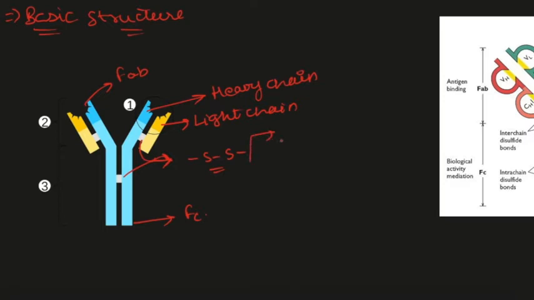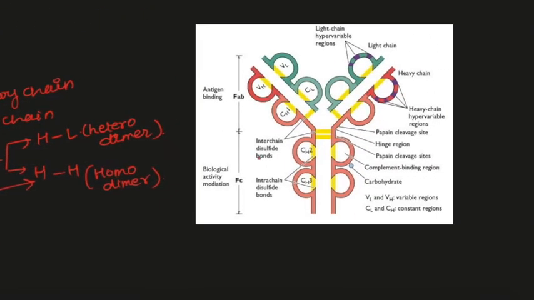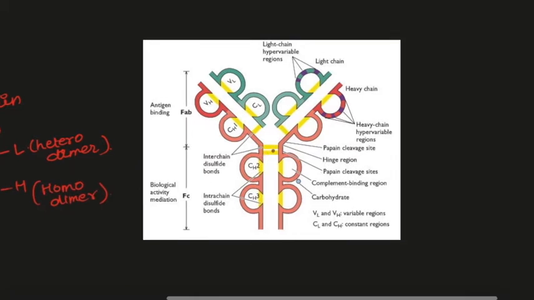The first one associates the heavy chain and light chain, and is also called the heterodimer, whereas this region represents the heavy chain and heavy chain binding, called the homodimer formation.